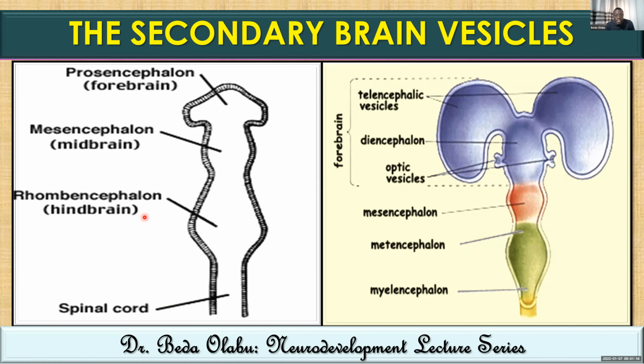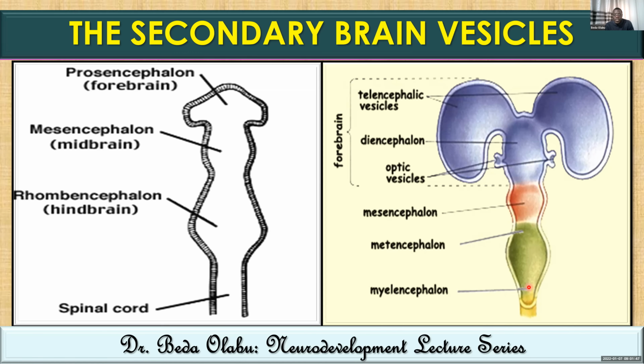So the upper part of rhombencephalon becomes what we call metencephalon, and the lower part of rhombencephalon becomes the myelencephalon. So metencephalon and myelencephalon are secondary brain swellings, which are derived from rhombencephalon, which is a primary brain swelling.